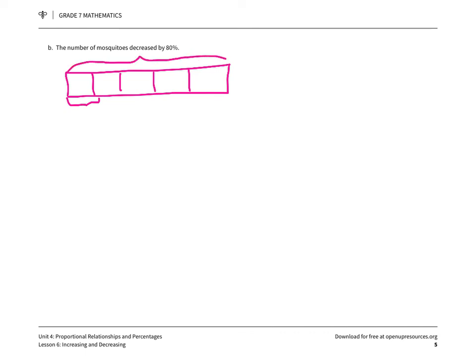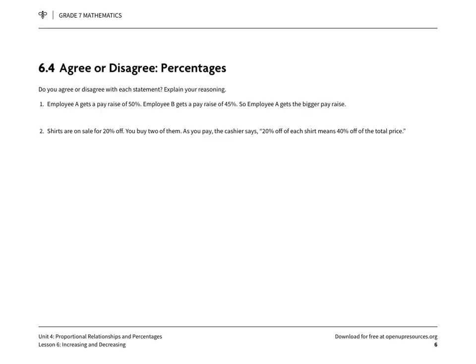So my original would be the whole thing, and I'm taking away this much of it, and I'm only left with this much. A decrease by 80% is the same as saying we're maintaining 20%. And we're going to end up here.